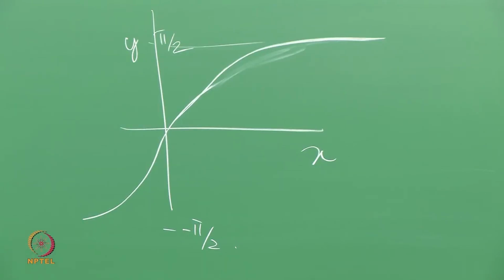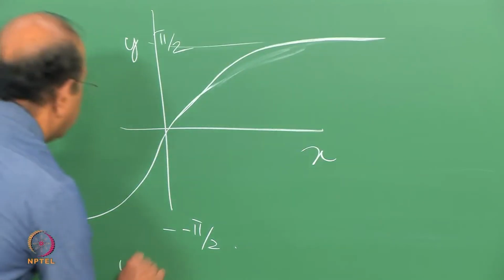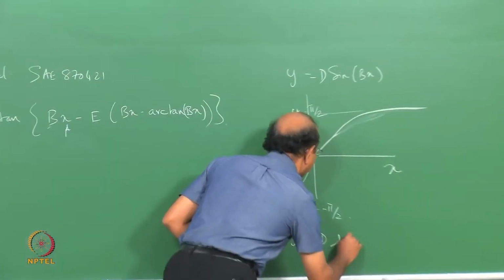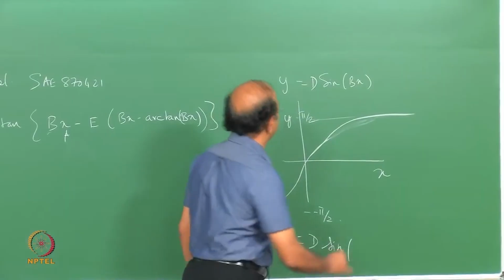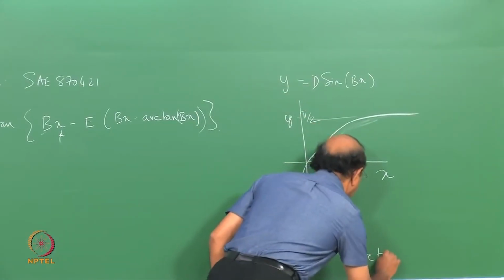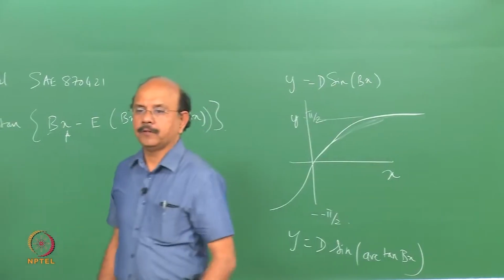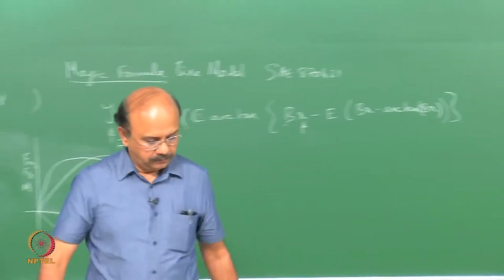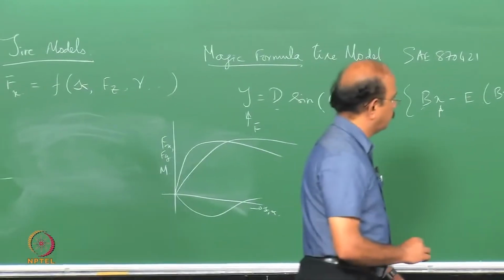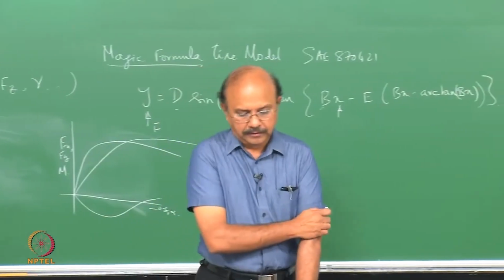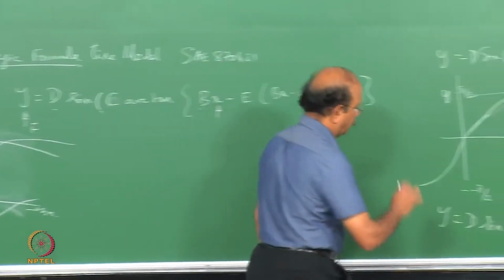Right? So if I replace what is there instead of x, I would put this as y is equal to d sine arctan bx. Okay, let me introduce one more term here.